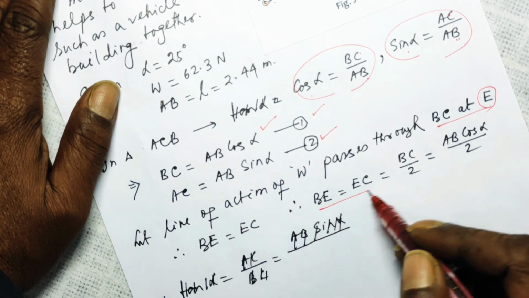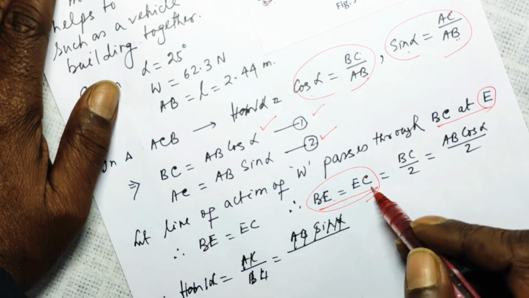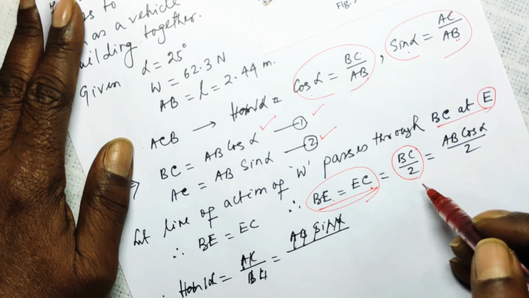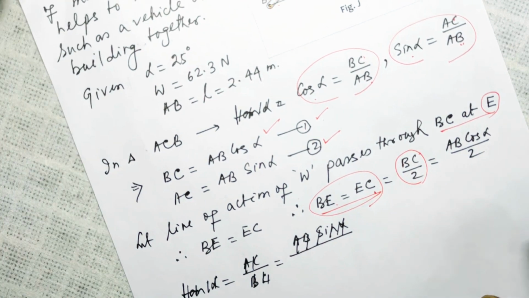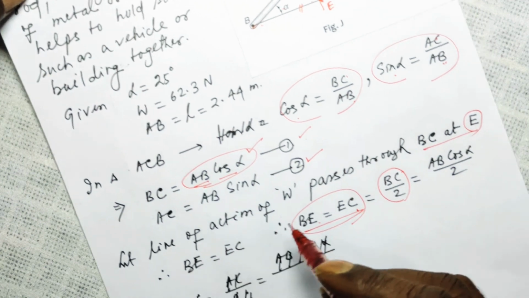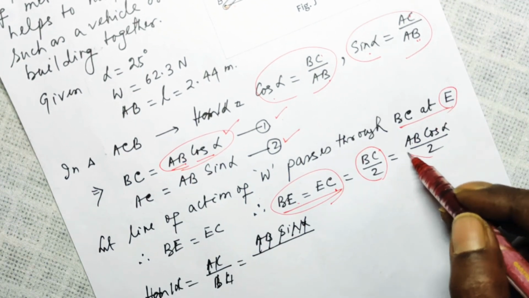So BE is equal to EC, and that will be half of BC. And how much is BC? BC is AB cos alpha, so BE is AB cos alpha over 2.